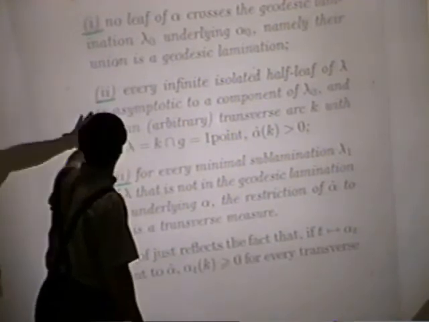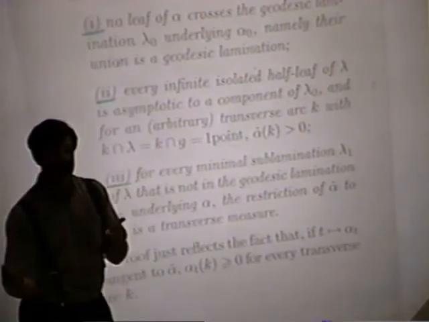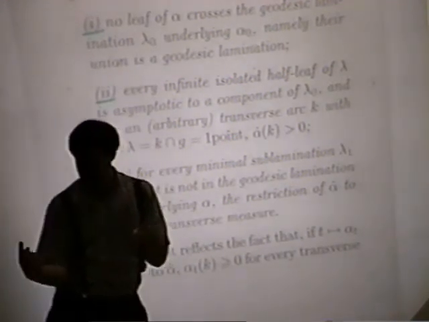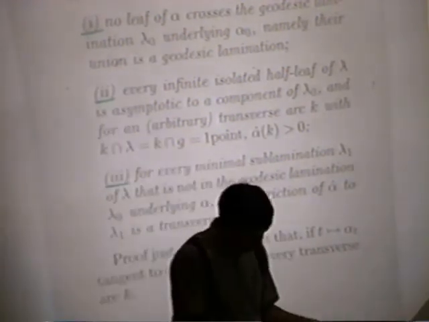The conditions briefly are: the first one says that the support of the Hölder distribution should not cross the support of alpha 0, and then the other two are a certain positivity condition. It's not important. It's just some positivity condition.